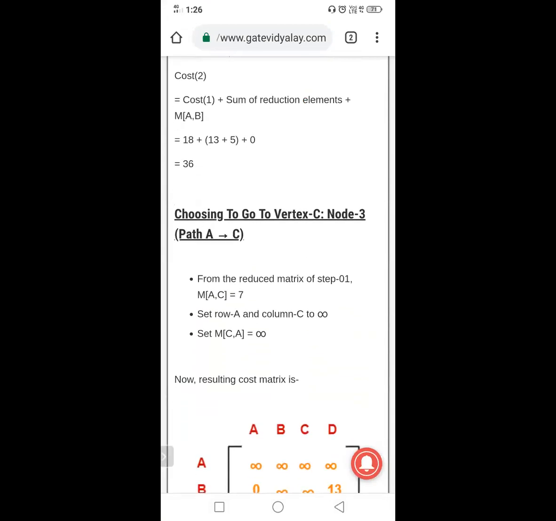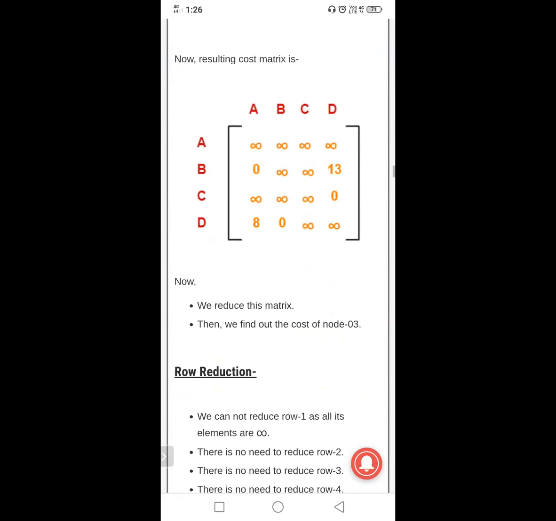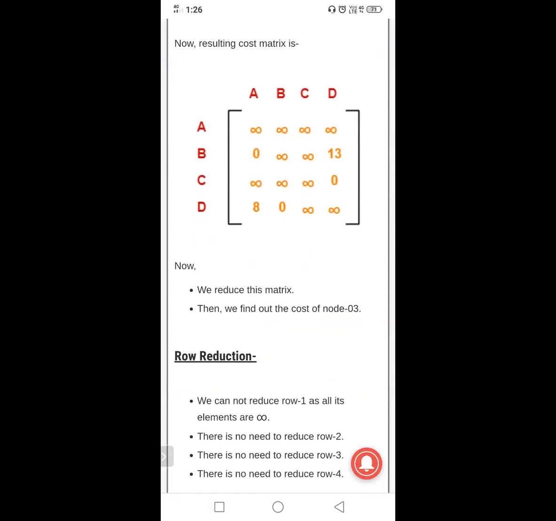After performing row reduction and column reduction, you find the path, then choose the remaining vertices whose cost is minimum, then you expand that vertex only.